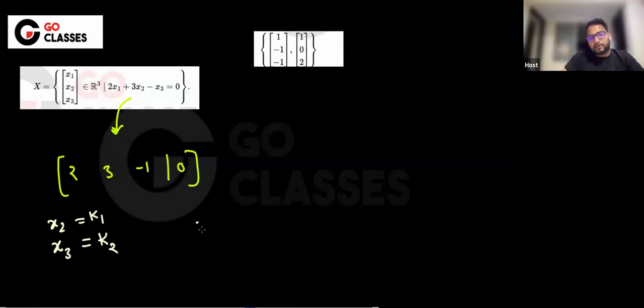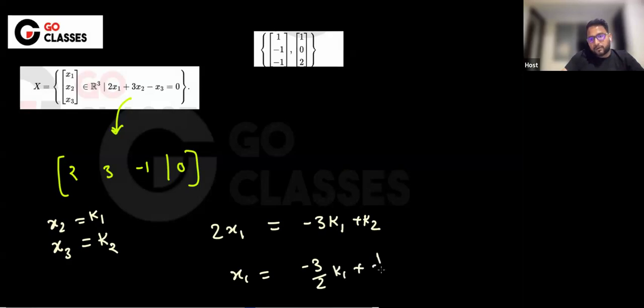So what will be x1? It is 2x1 equal to minus 3k1 plus k2. So x1 will be minus 3 by 2 k1 plus 1 by 2 k2. Is this fine to everyone?